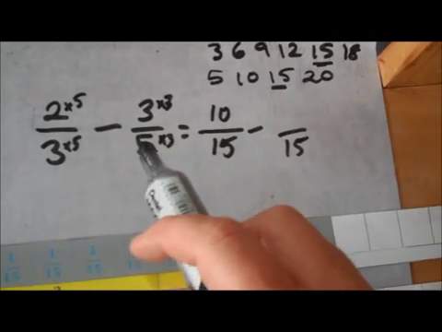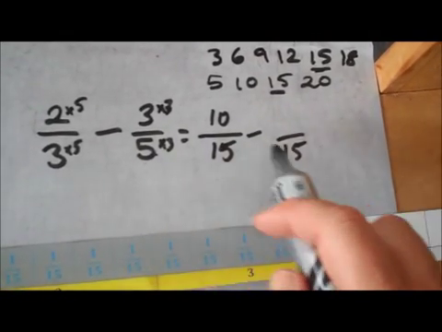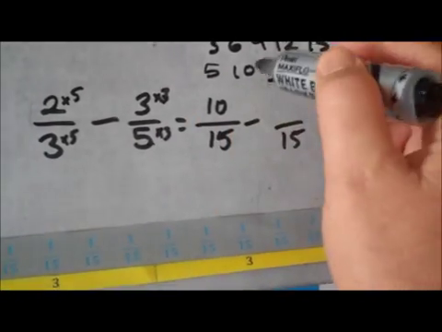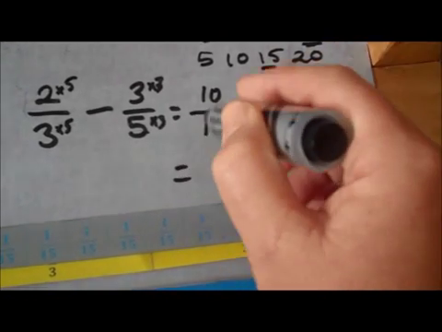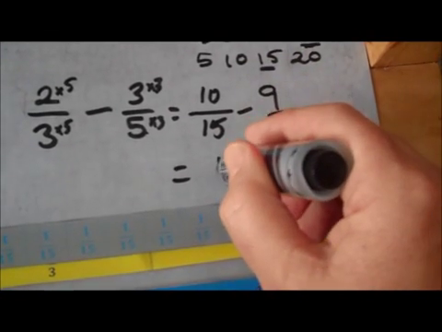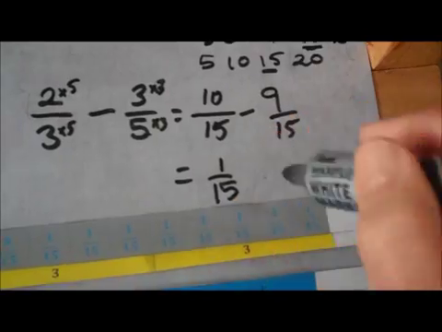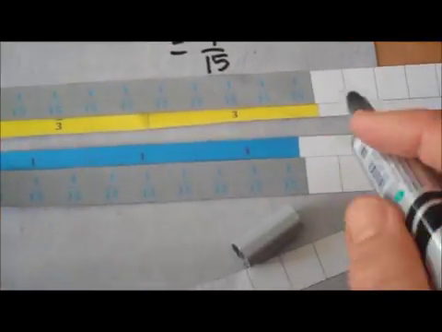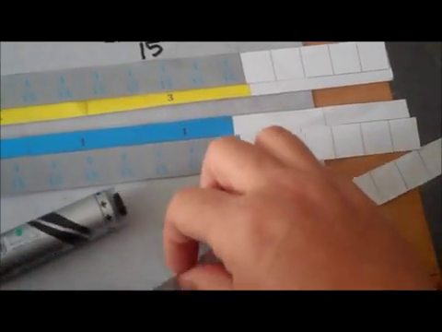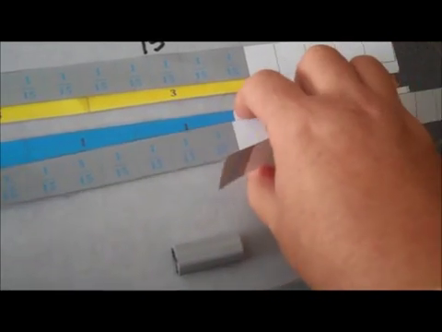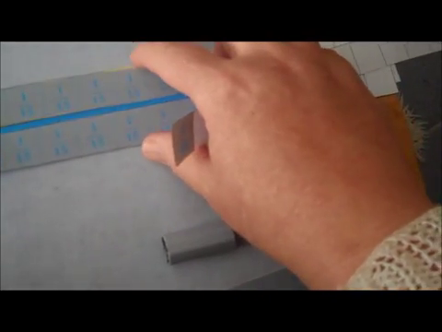So it's a factor of 3. So 5 times 3 is 15. 3 times 3 is 9. And 10 take away 9 is 1. How big is the piece? It's a 15th. So the size of that little piece, the difference between these two, is this 1 15th.